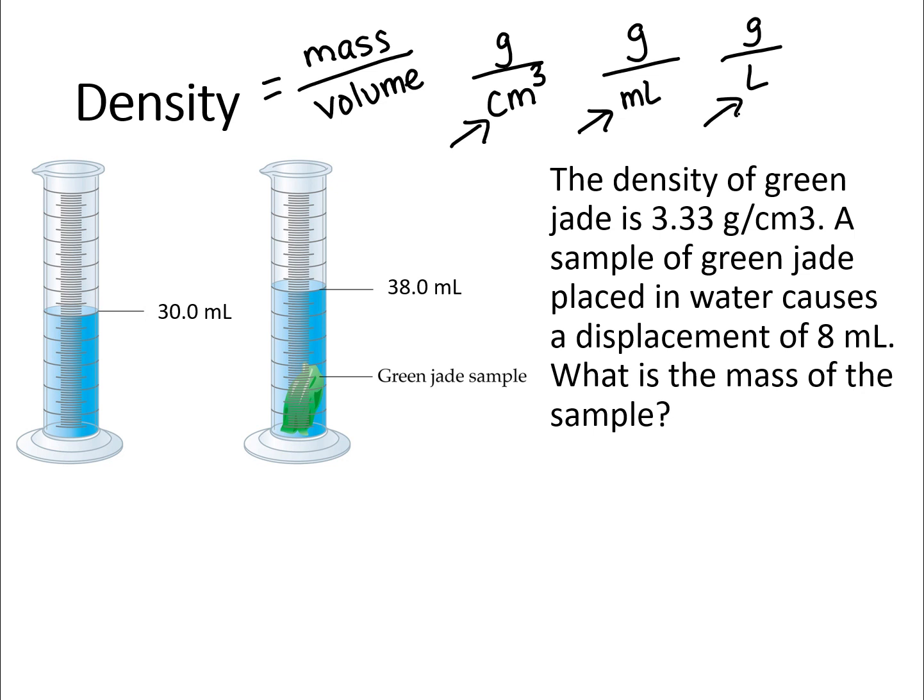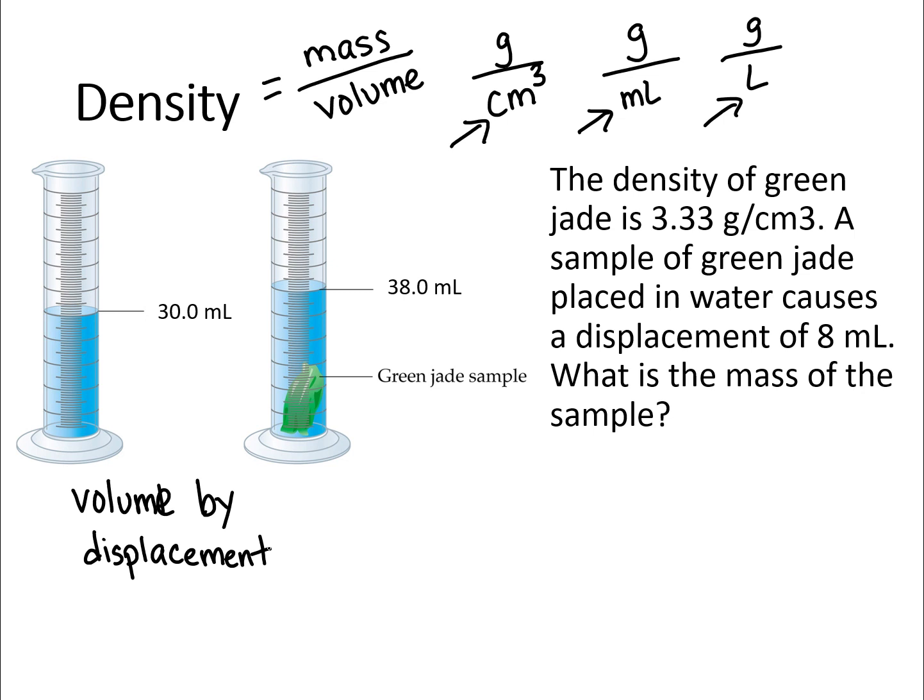Now, the question that we have here is incorporating what's called volume by displacement. So you have some water in a graduated cylinder. You take your solid sample and put it into the graduated cylinder, and the level rises. Makes sense?